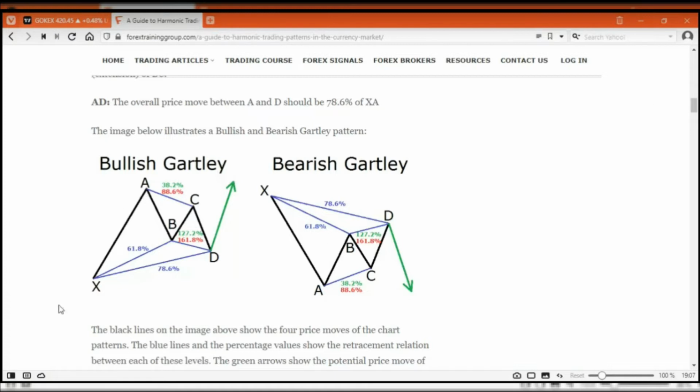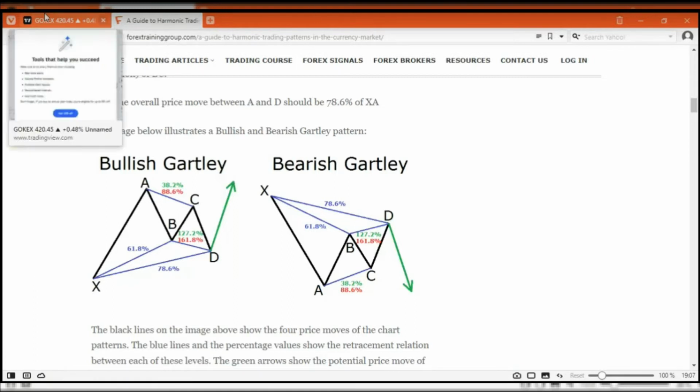And how should we draw Gartley? We'll come to know what these values are.